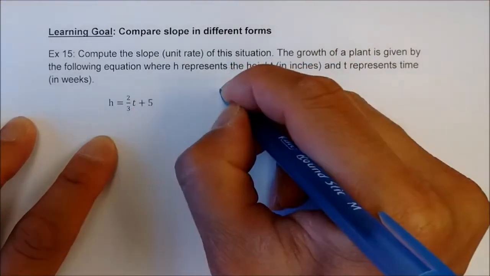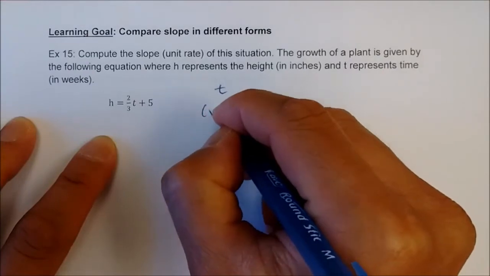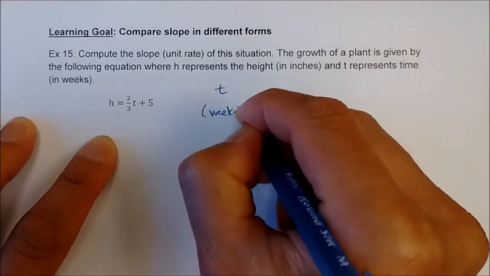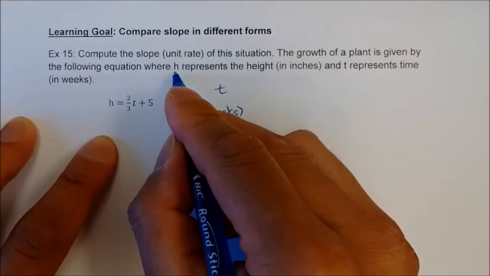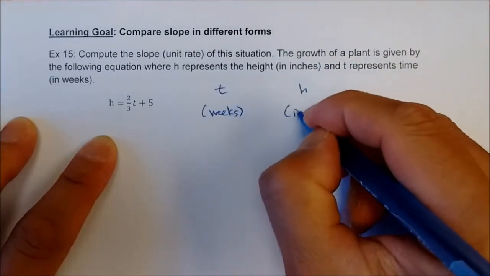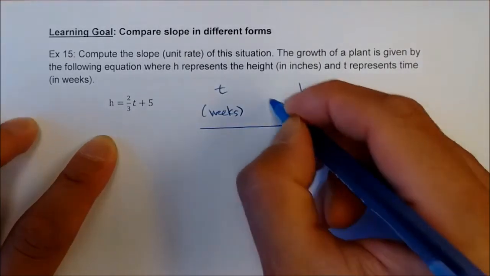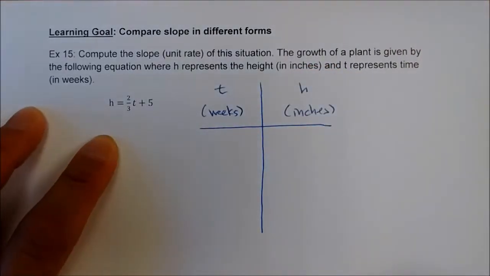The input variable is t, and that is time in weeks. The output value is the variable h, and that represents height, and the units there are inches. So a quick table of values there.